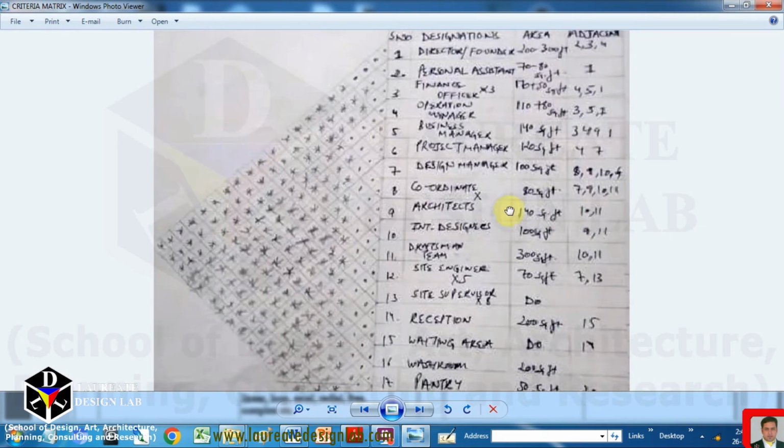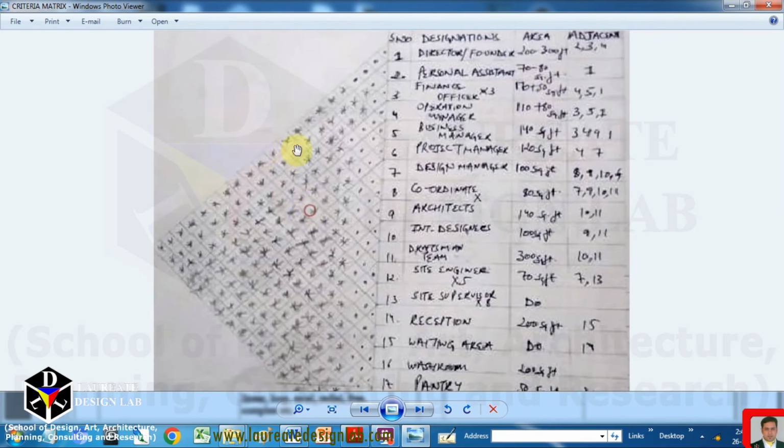To understand that, you'll have to have a chart like this, in which these symbols are talking about the importance of being 2 spaces together. So suppose you are taking star as the most adjacent, it should be very important or not important or less important. You can have different criteria.